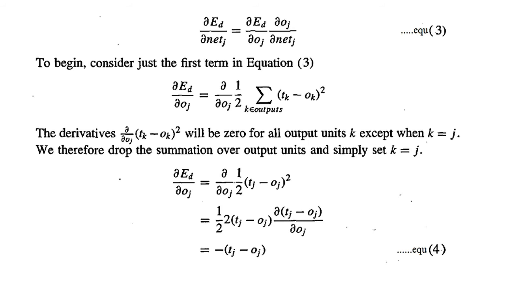We therefore drop the summation over output units and simply set k equal to j.